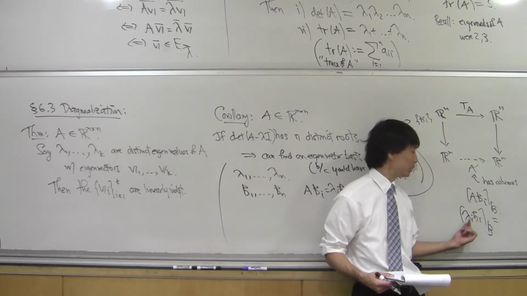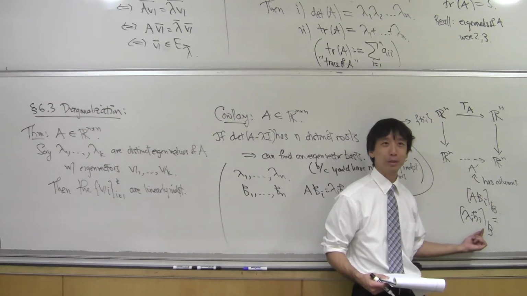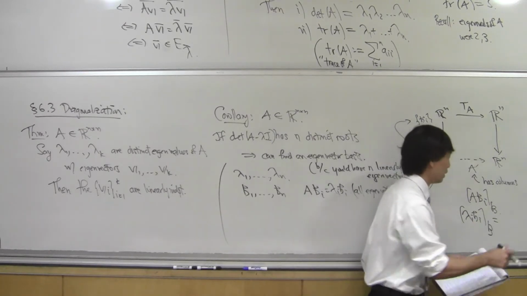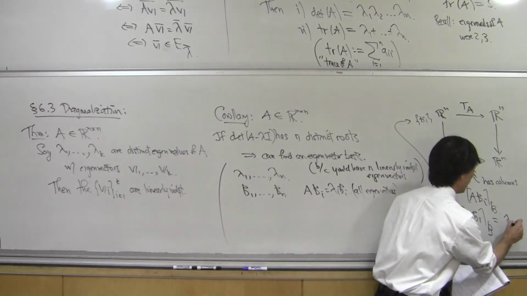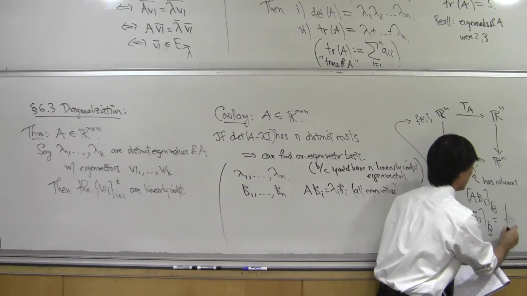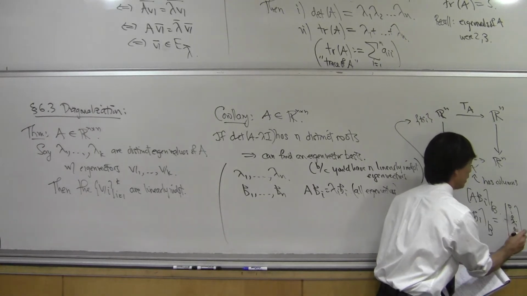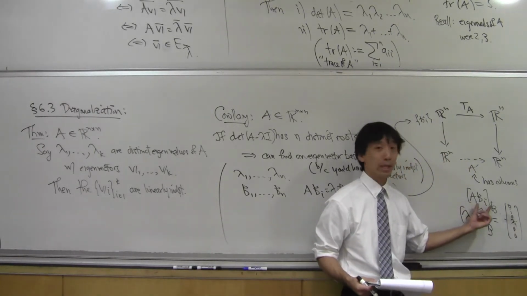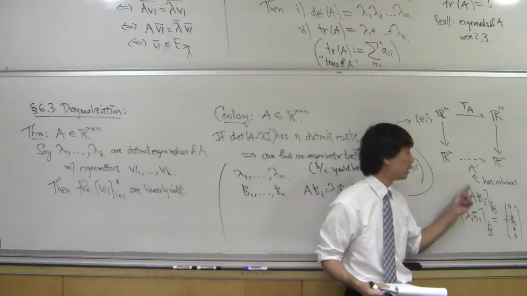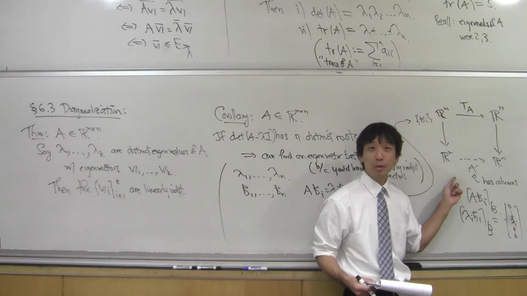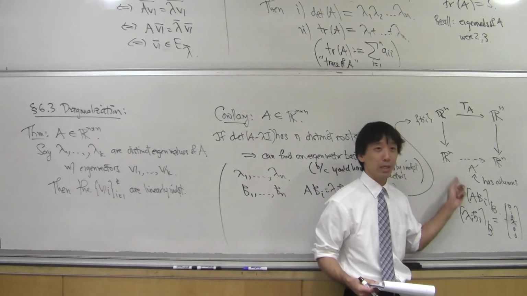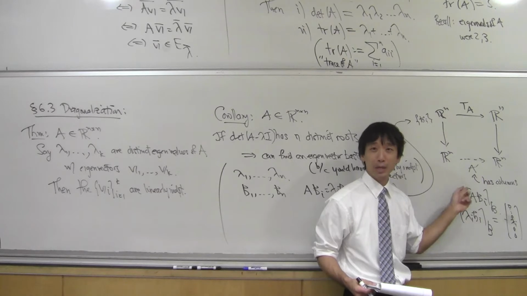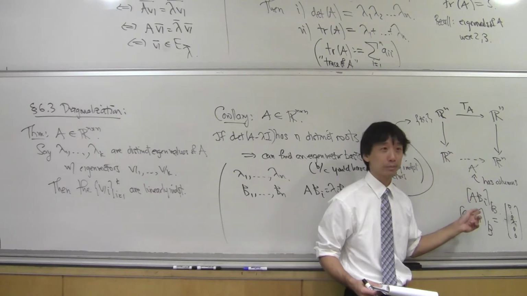It's going to be 0, 0, 0, lambda i, 0, 0, 0. These are the columns, so it's a diagonal matrix with the diagonals being the eigenvalues.